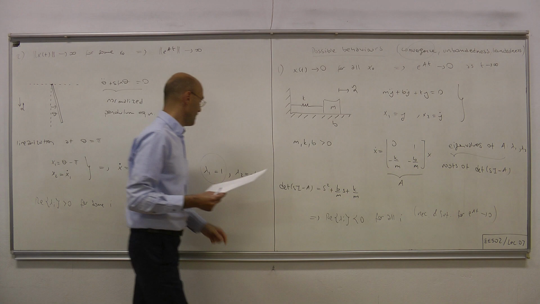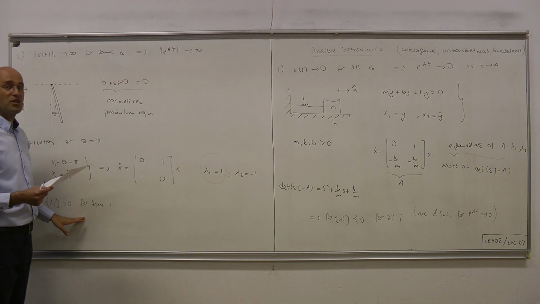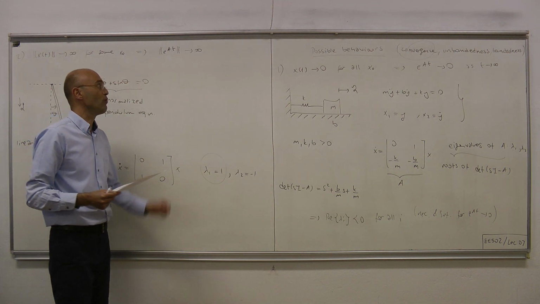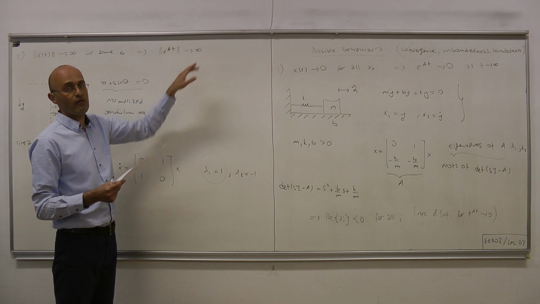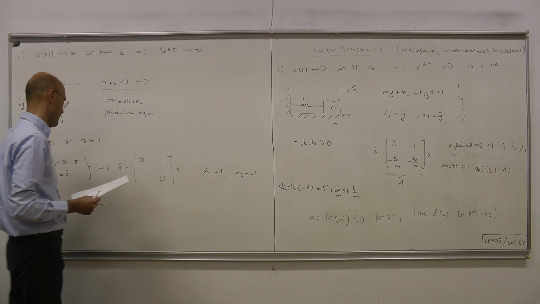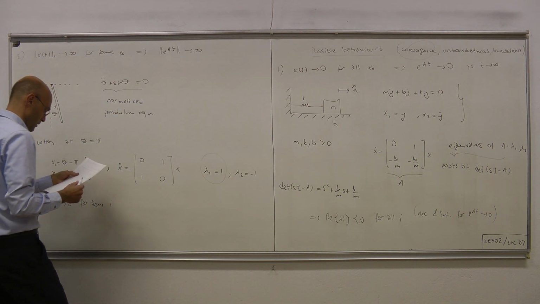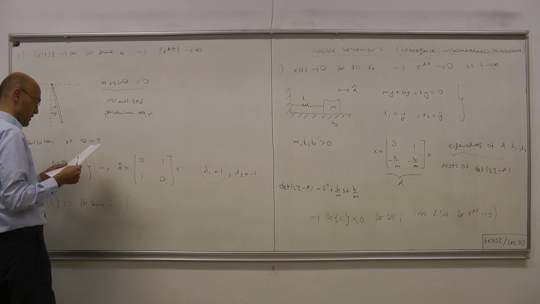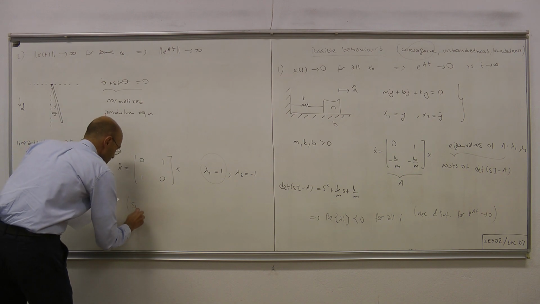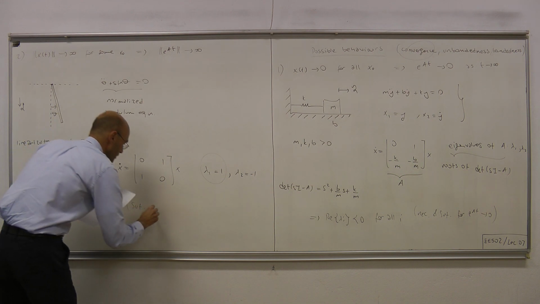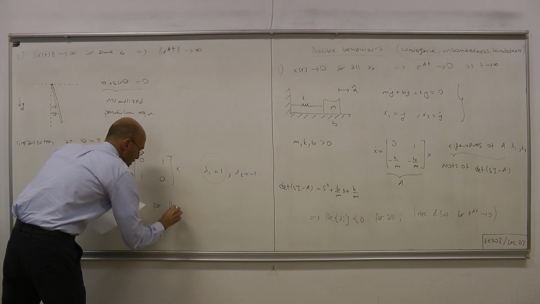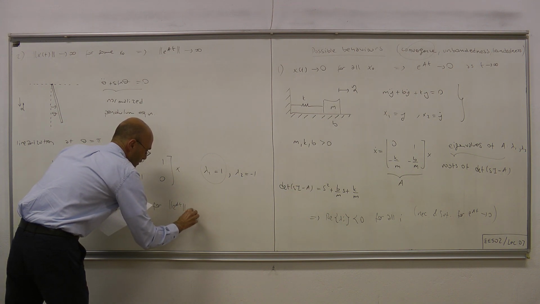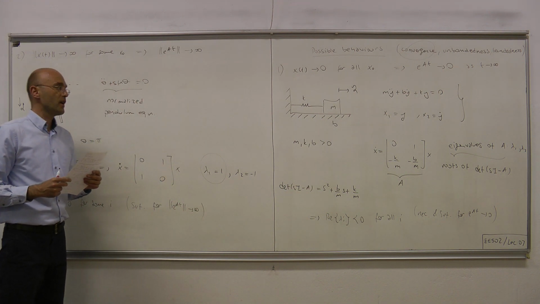Okay? In this case, this observation is only sufficient for e to the At to diverge. We'll see later on why it's only sufficient and not necessary.